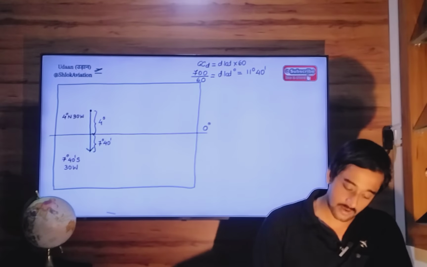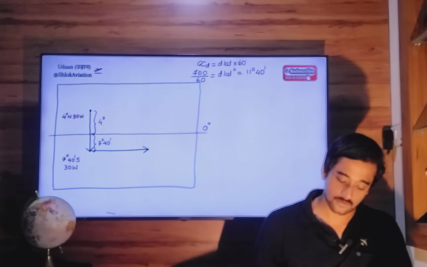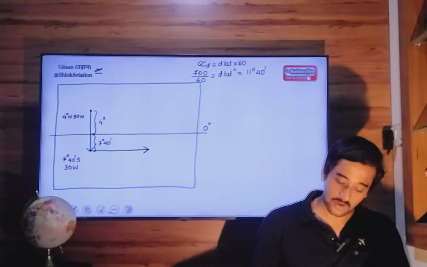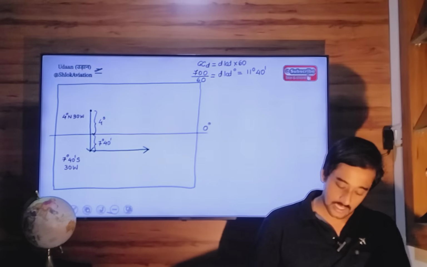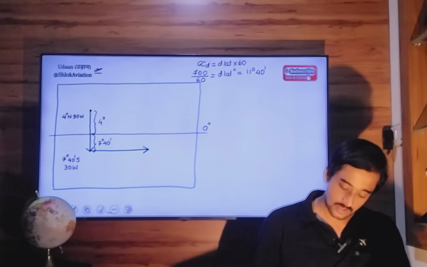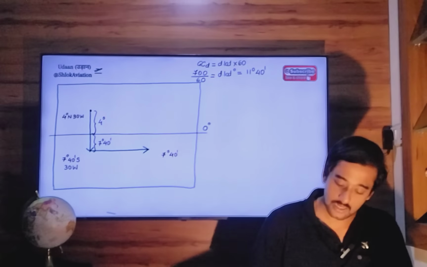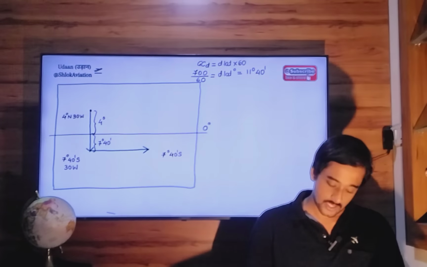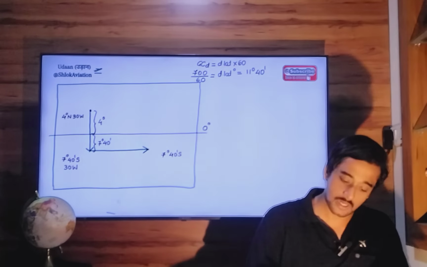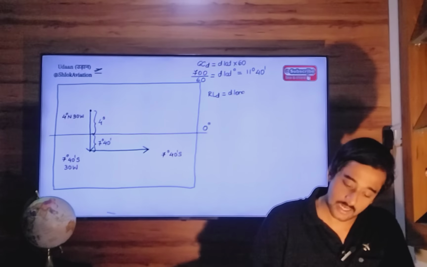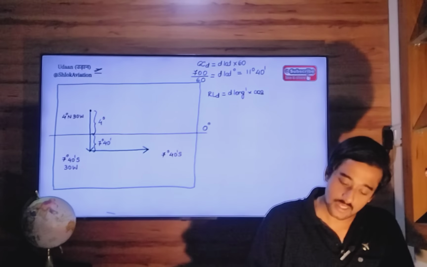Now from here you are going to travel in an easterly direction. You are going to travel 700 miles east. Now when you travel along a fixed latitude, the latitude will remain the same. So we are going to write 7 degree 40 minutes south here. Longitude will differ. So let's find out the longitude. Drumline distance equals d long in minutes into cos lat.